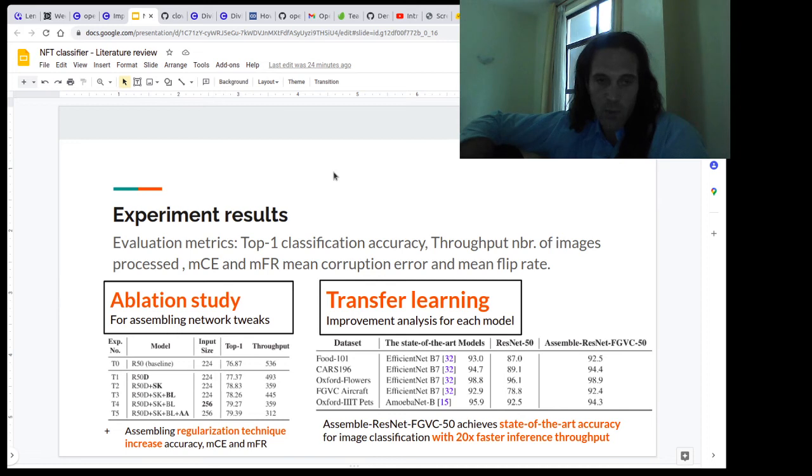We can see that the more tweaks are added, the better the model performs in classification accuracy, and the fewer images it needs to process as an input. We can also add that assembling regularization techniques increases accuracy, MCE and MFR.